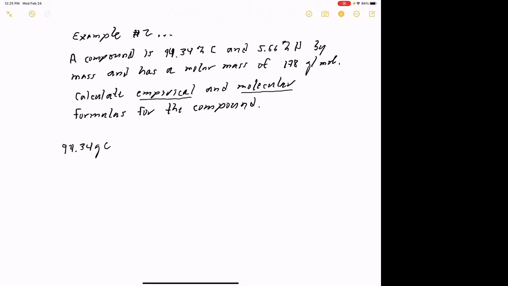Let's go ahead and take it right to moles. I know that 1 mole of carbon has a mass of 12.011 grams of carbon, and that's going to take me to 7.854. And there's my moles of carbon. Okay, let's do the hydrogen.